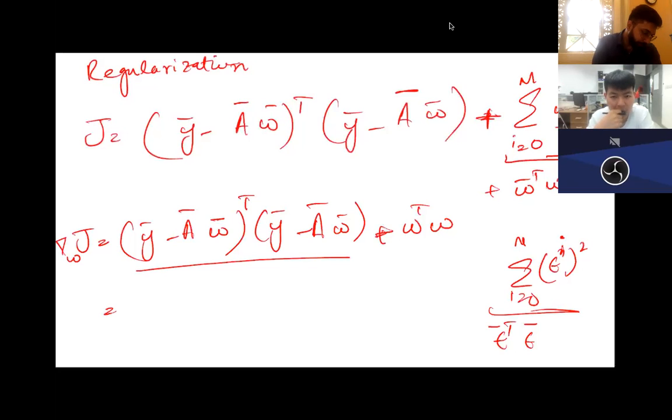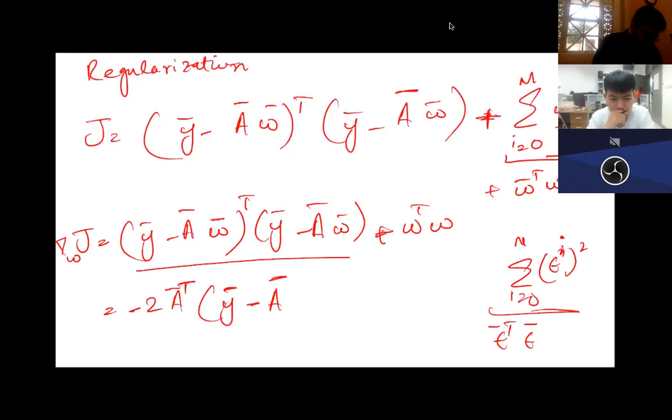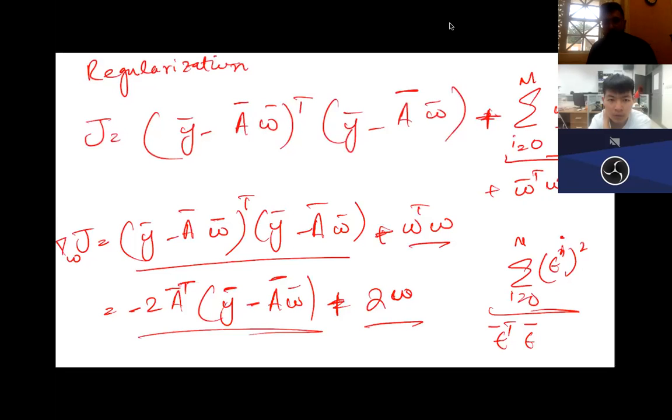This would be minus 2 A transpose (Y minus AW) plus 2 times W. This is exactly the same as what we extracted yesterday. This is the derivative of this. Is it clear? So the derivative of this is here. This we had extracted yesterday. Okay, so let's set it equal to 0 and let's see what we get.